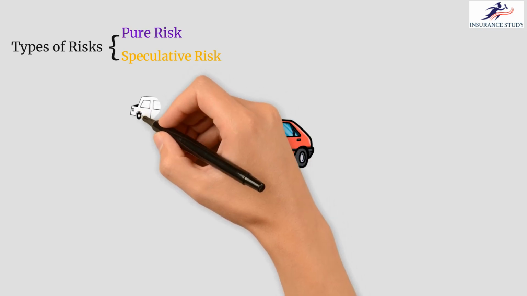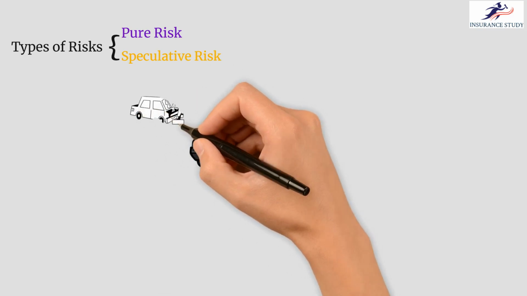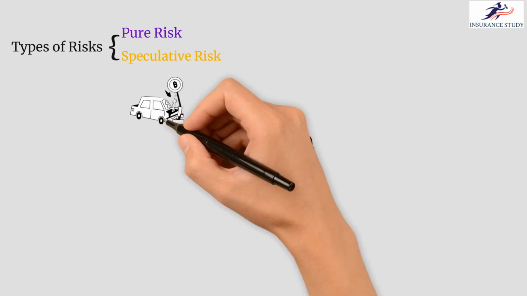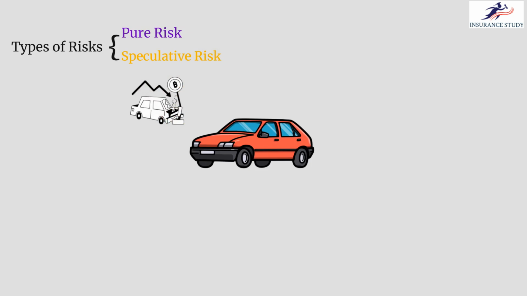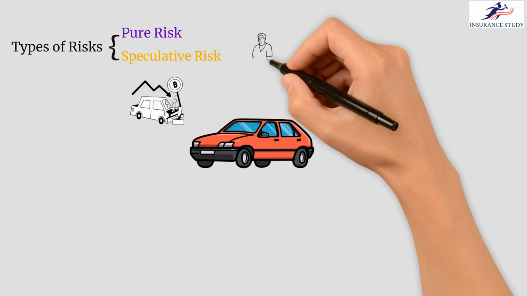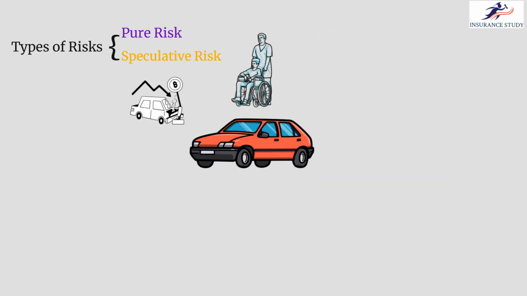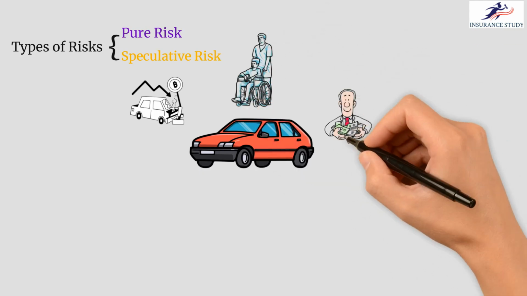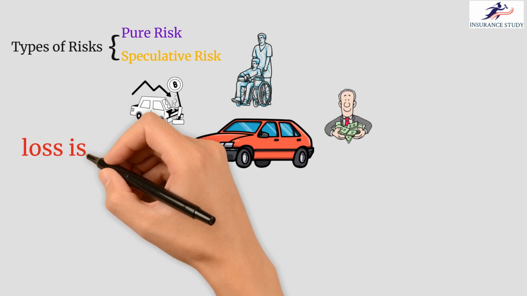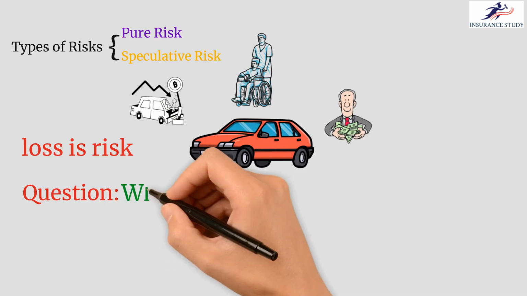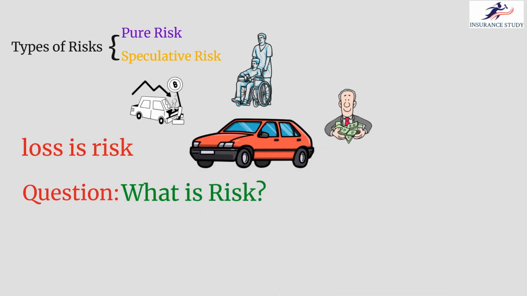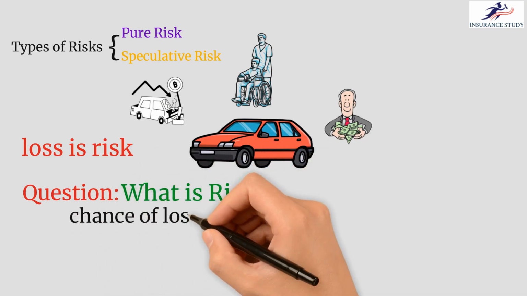Every time you drive it, there is a possibility of an accident. The accident could result in damage to the vehicle, medical expenses, or loss of income. The possibility of loss is risk. So if the question asks, what is risk? Remember, risk, chance of loss.